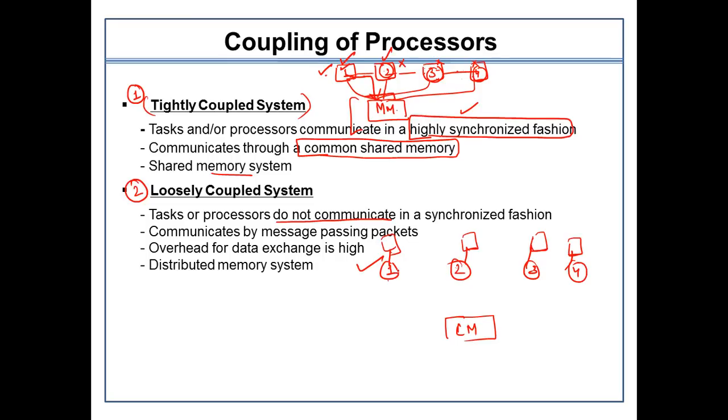So one processor has nothing to do with the second or third. This is the first property. How do they communicate then? Just by passing messages. They will send out a message packet, and the other processors simply have to receive it. So the overhead for data exchange is very high.